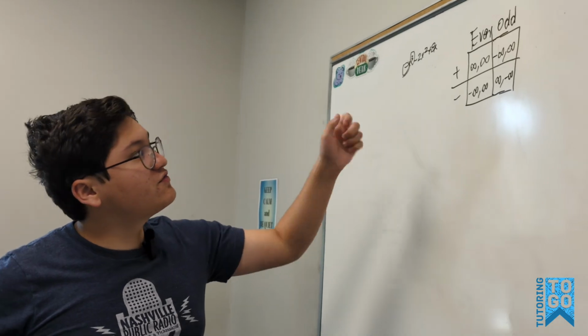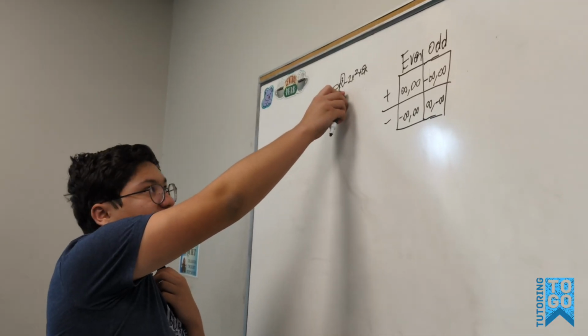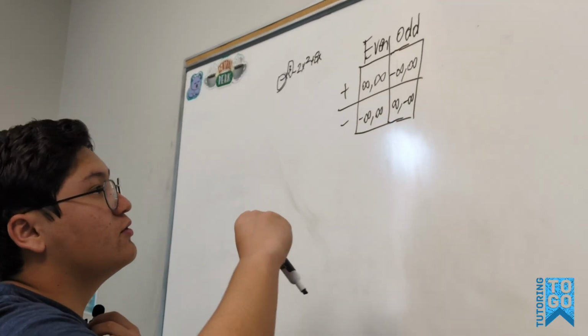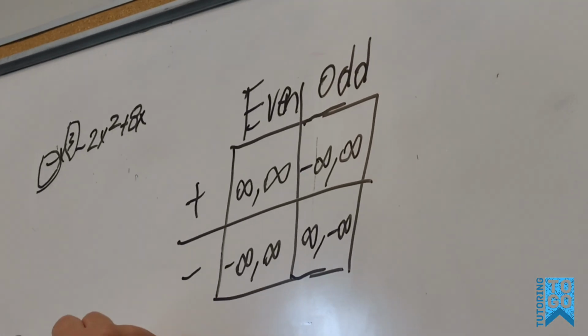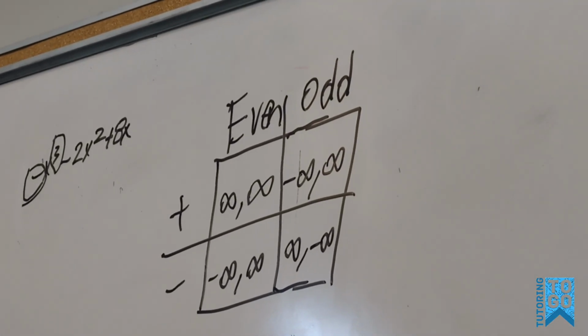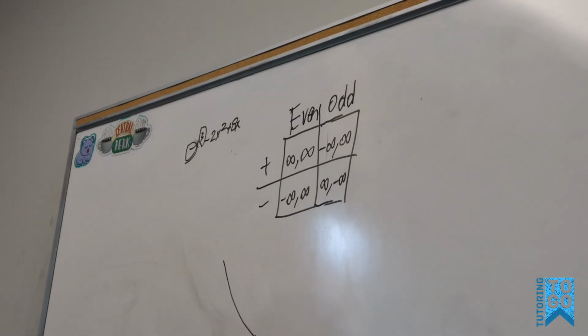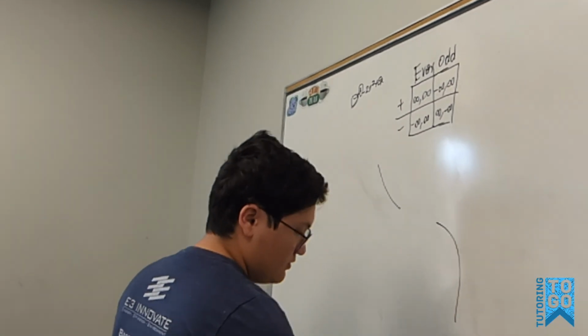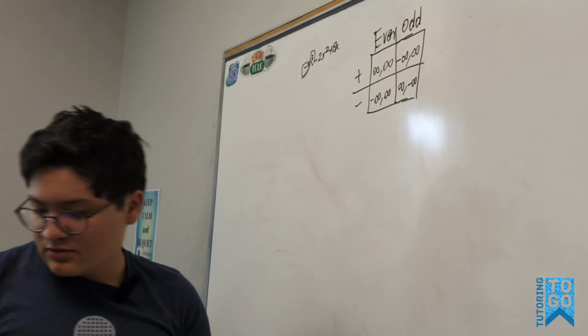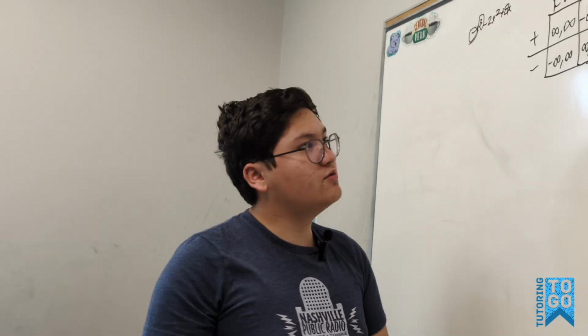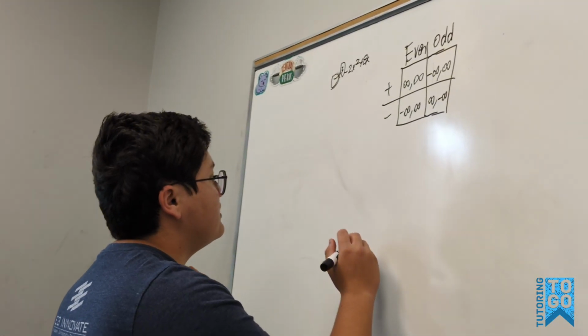To work through this function, we have an odd largest exponent and a negative coefficient. So we will approach positive infinity from the left and negative infinity from the right. The next thing we have to do is find the y-intercept, and this is very easy.